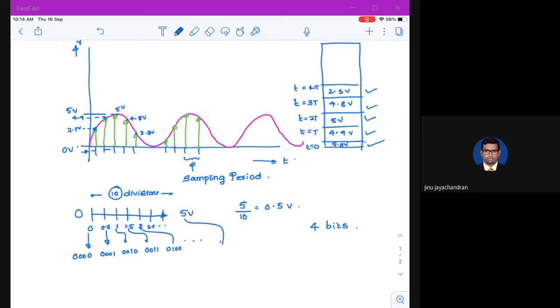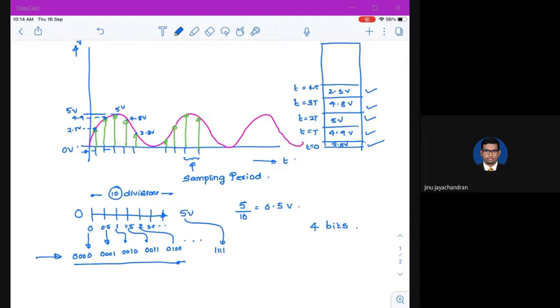And the voltage 5 will be 1111. Now, if you look at this, you see that these are all in bits. Basically, we have digitalized the divisions.